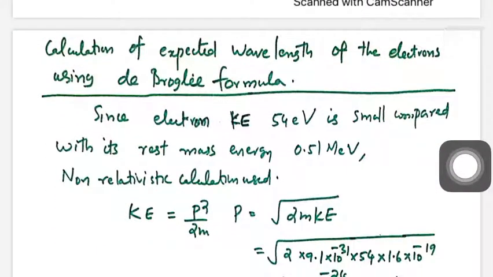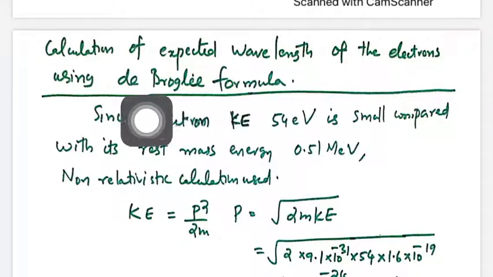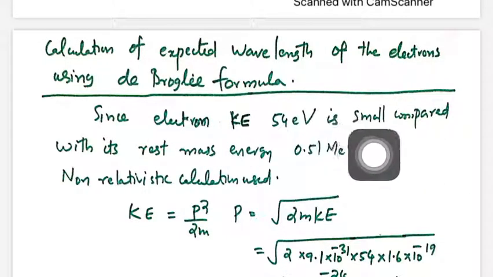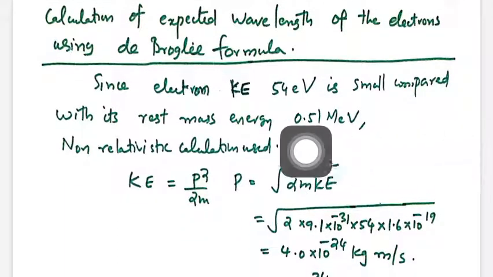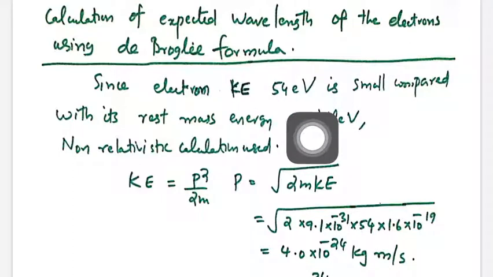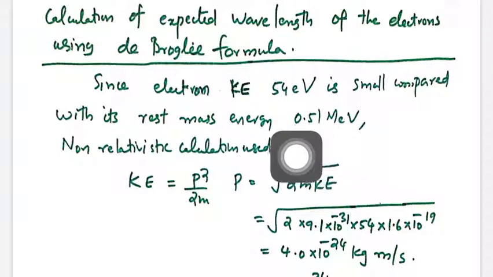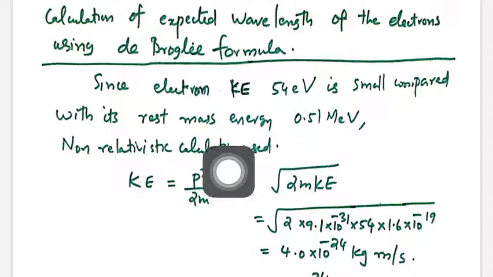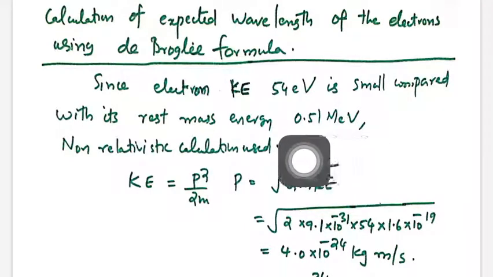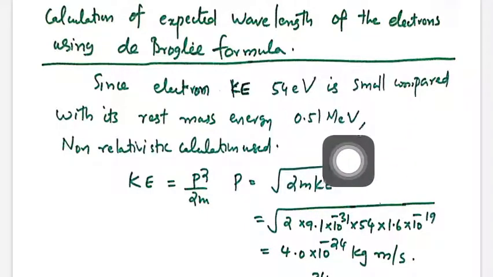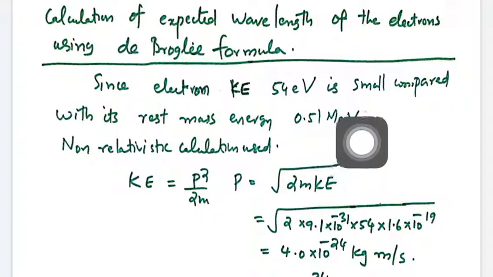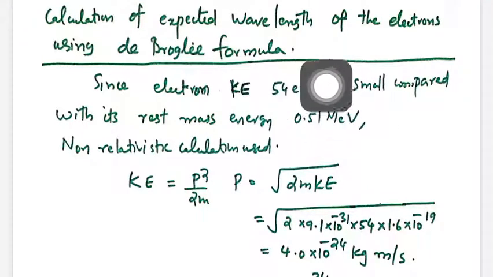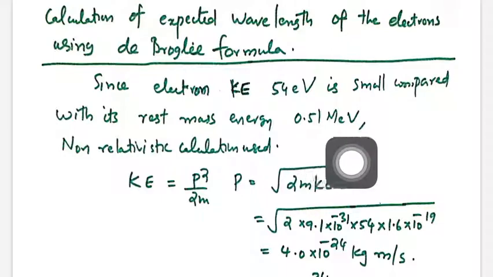Now we calculate the expected wavelength of the electrons using the de Broglie formula. Since the electron kinetic energy is 54 electron volt, when we compare it with the rest mass energy, which is 0.51 mega electron volt, 54 electron volt is much less.